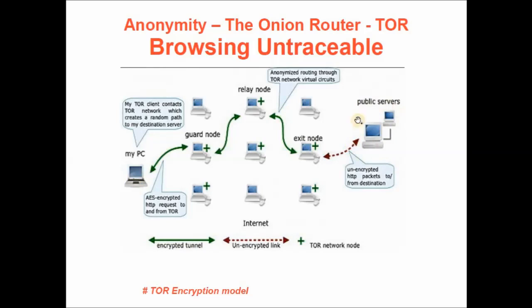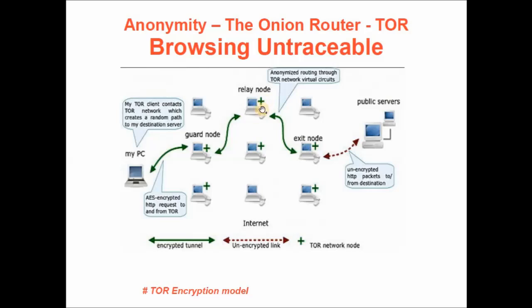Google's server will not be able to identify your IP address; it will get the IP address of the exit node. So this is the complete model of the Tor browser, an open project to browse anonymously and make connections untraceable with the destination host.